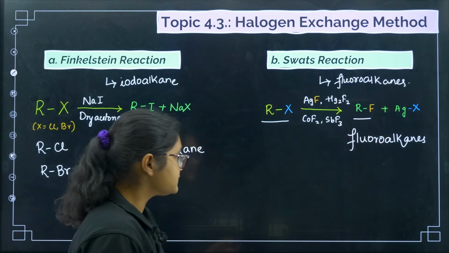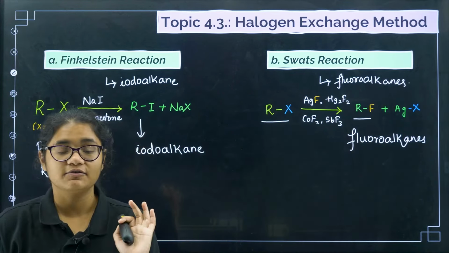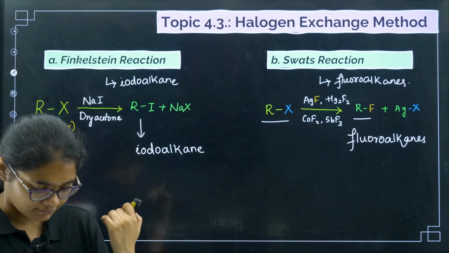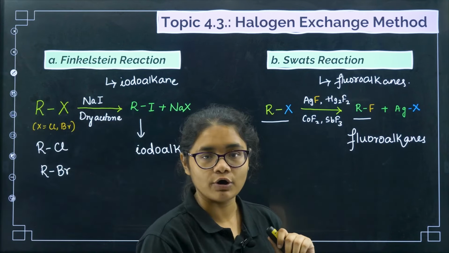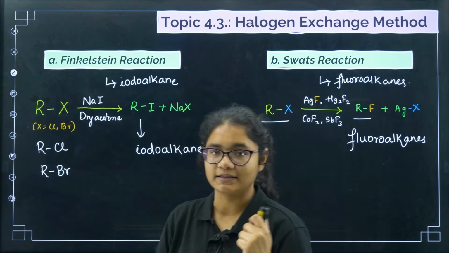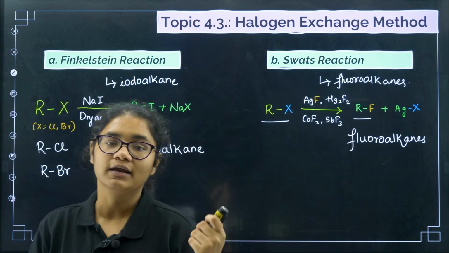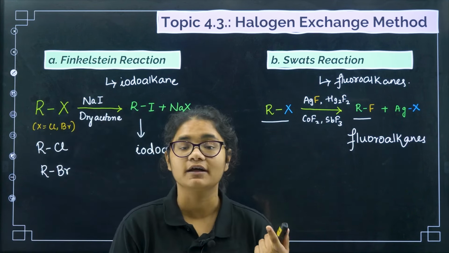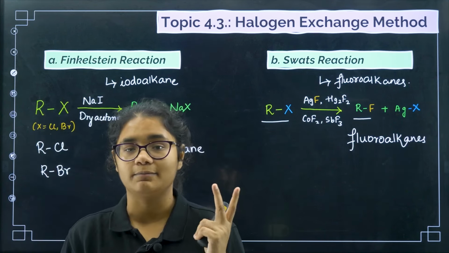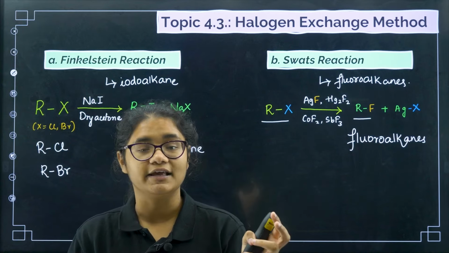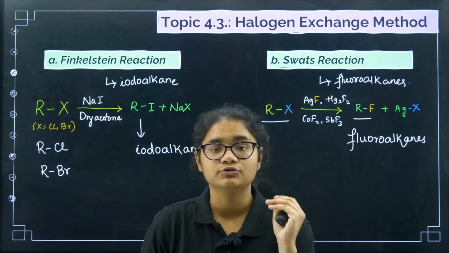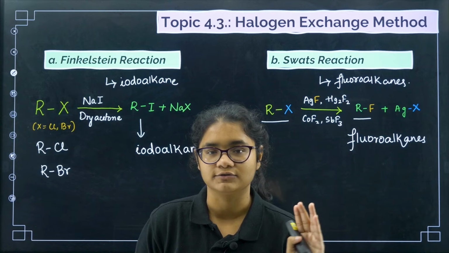Okay, so with this we are done with the methods of preparation of haloalkanes. Let us revise again. First is from alcohols. Under alcohols we have 6 methods. What are they? The first one is HCl ZnCl2, second NaBr H2SO4, third PX3, then PCl5, then X2 red phosphorus, and lastly we have SOCl2.